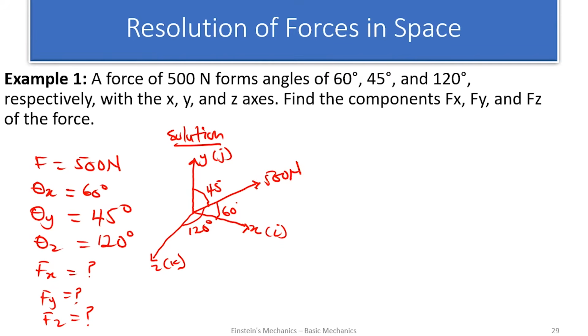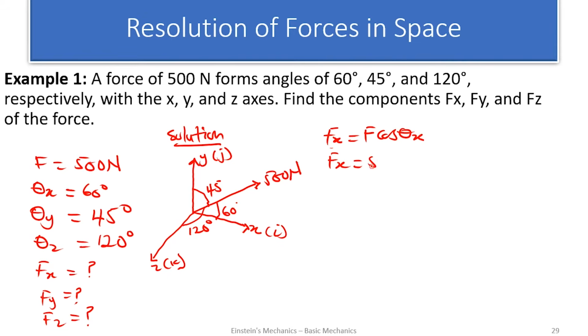And we are asked to resolve this force onto the x and onto the y, and find the magnitude also onto the z. So how do we go about it? We know that anytime I have the magnitude and the angle given, a force on the x can be resolved as the magnitude cos theta x. So with this, I'm finding f of x.